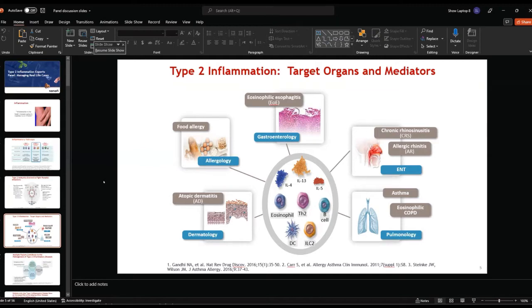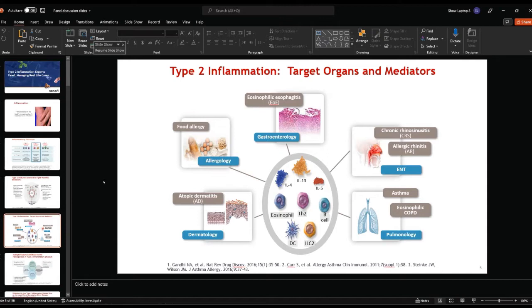So there are multiple factors contributing to the pathogenesis of type 2 inflammation, and it's not a single factor that leads to this inflammatory pathway. It has to be a combination of multiple factors, including the immune response and the inflammatory process, barrier dysfunction, and there has to be a genetic predisposition.